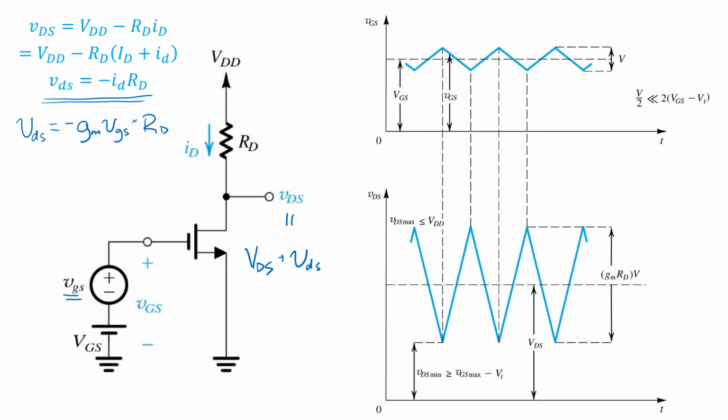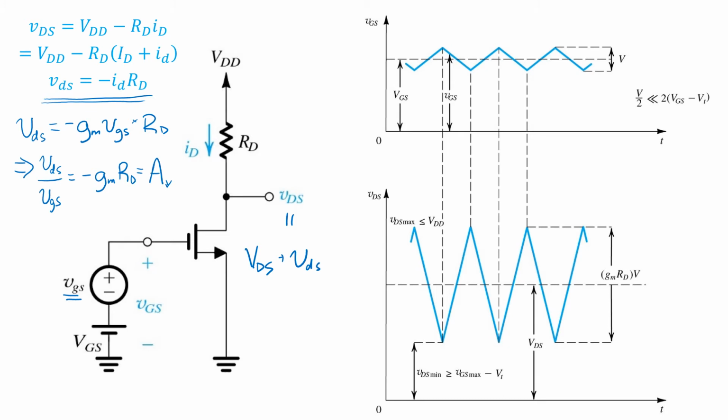So now we have an expression that relates the small signal part of the input, VGS, to the small signal part of the output. We can write the ratio of these two. It's just Gm times Rd. So this is the gain that relates the small signal input to the small signal output of this amplifier.